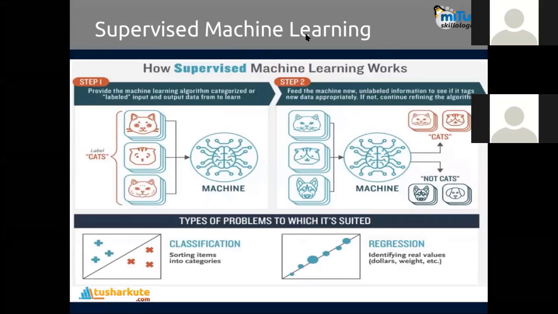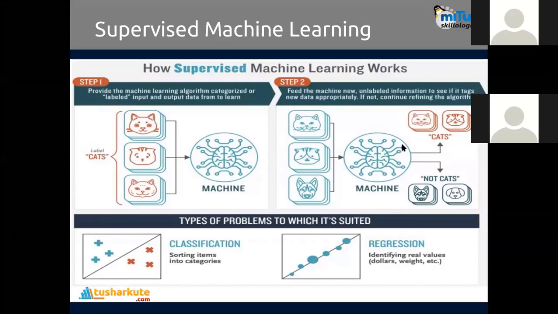Let's see supervised machine learning. Let's take an example. Some data is given as input. Pictures are given, see this one. These pictures are given as input to the algorithm, and machine learning will try to identify cat and non-cat, as I have mentioned here. I want to do the prediction of whether this image is a cat or a non-cat, meaning some other animal.